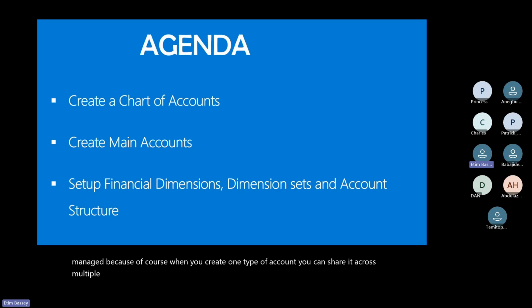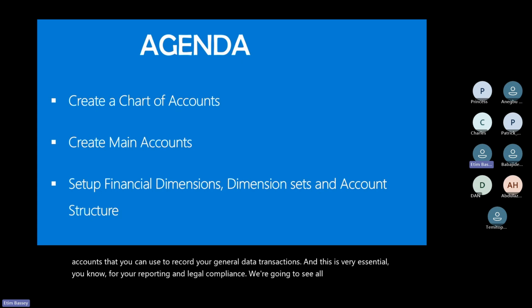It contains a list of main accounts that you can use to record your general ledger transactions. And this is very essential for your reporting and legal compliance. We're going to see all of that in the demonstration. All right.